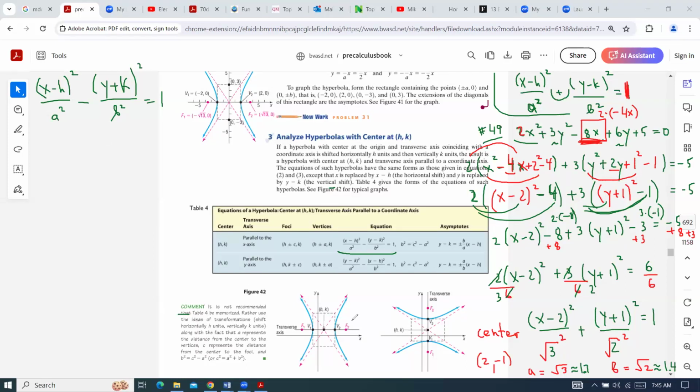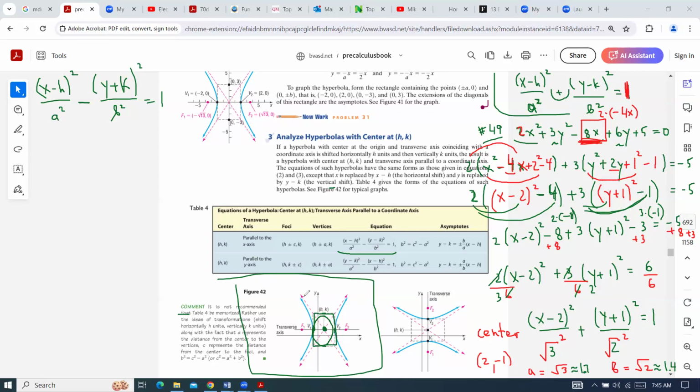So when they graph this, like in figure 42, they put the center, then they put this a here and b here, but instead of an ellipse, they do something else. Since it's a minus, they have to put a box instead of an ellipse.